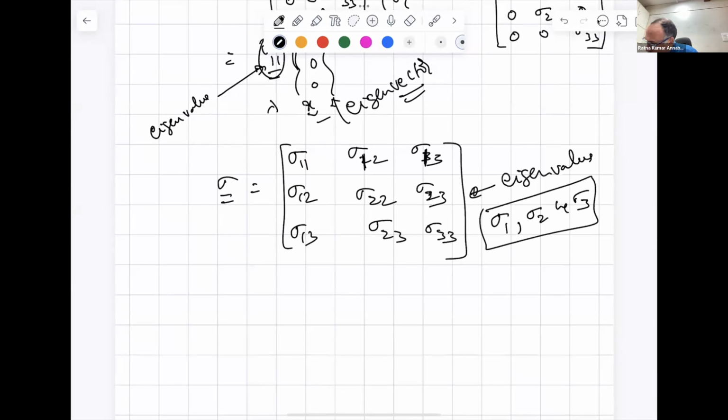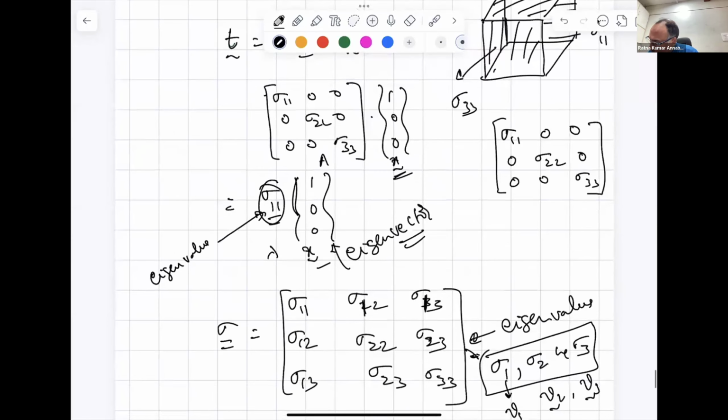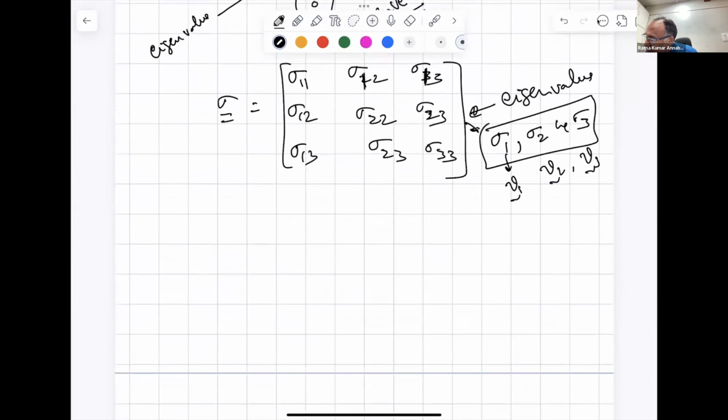They are the three eigenvalues, with corresponding eigenvectors V1, V2, V3. These three eigenvalues are my principal stresses, as we have seen here, and the corresponding vectors will be principal vectors.